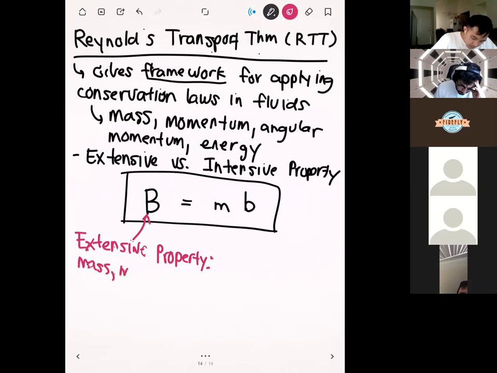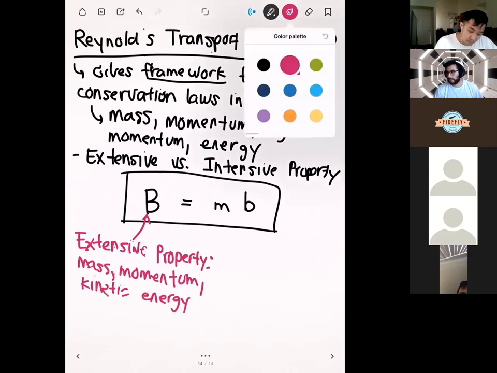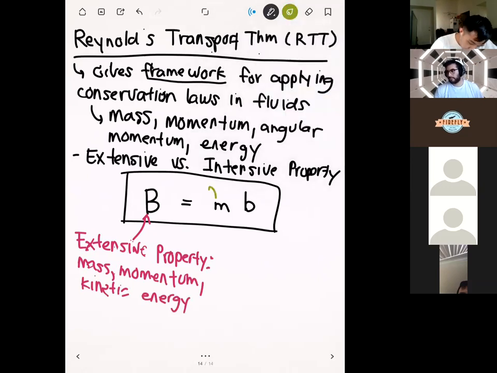momentum, kinetic energy, and this little m right here is actually mass.